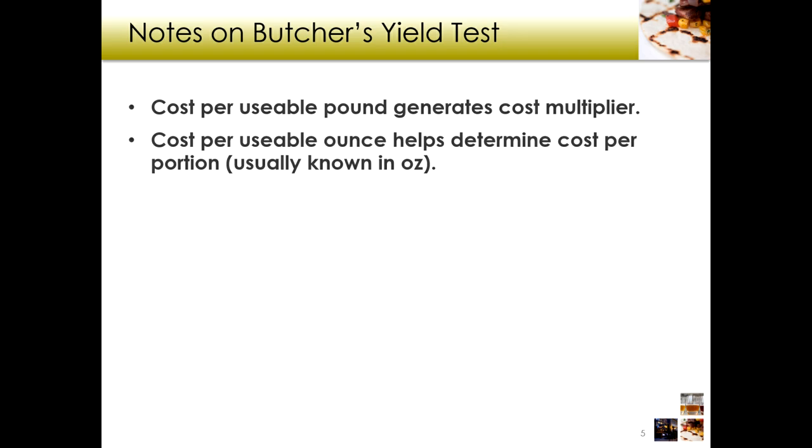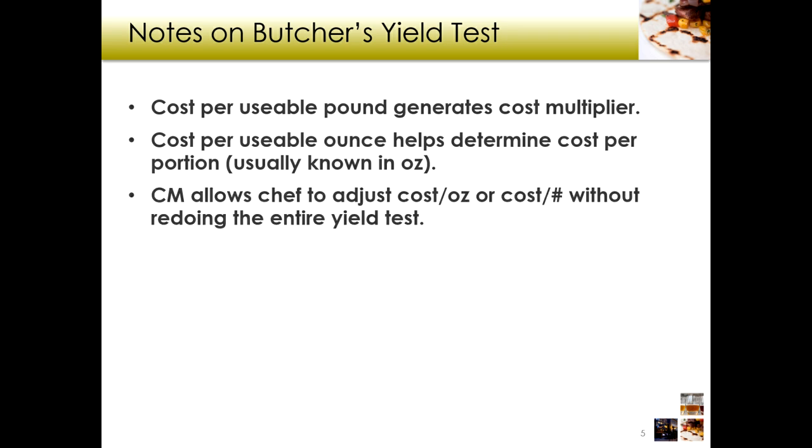If we're costing out a clubhouse, we're not going to put a price per pound of turkey unless you're making a really big clubhouse. You're probably going to put 2 or 3 ounces of turkey breast on that whole clubhouse, so you'd want to know a price per ounce for your recipe costing. The cost multiplier allows us to adjust the cost without redoing the entire yield test.